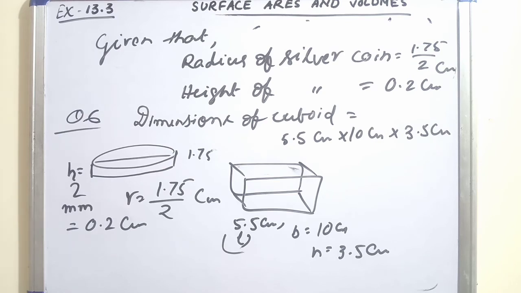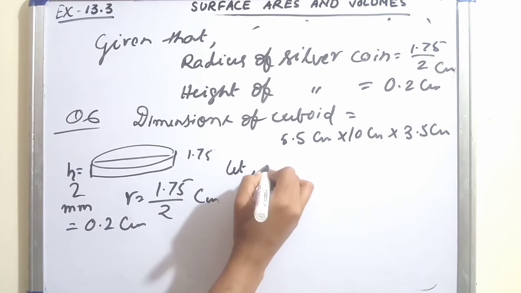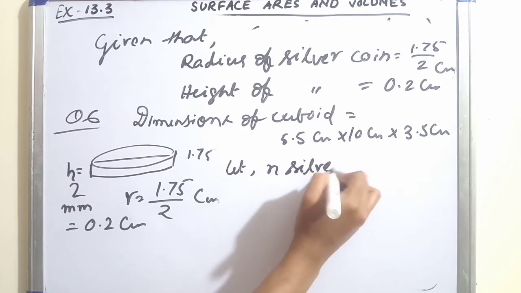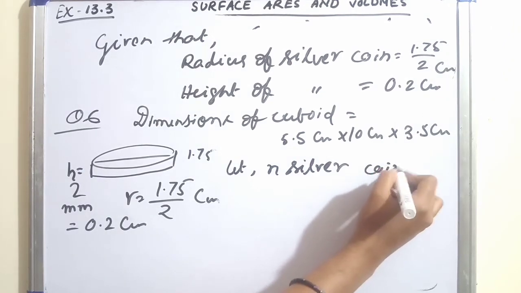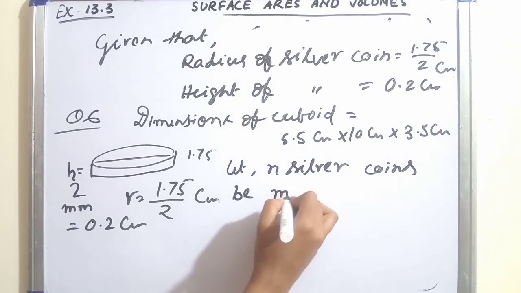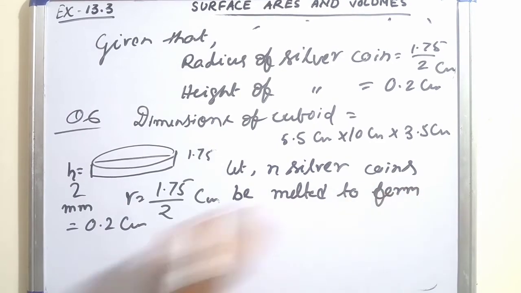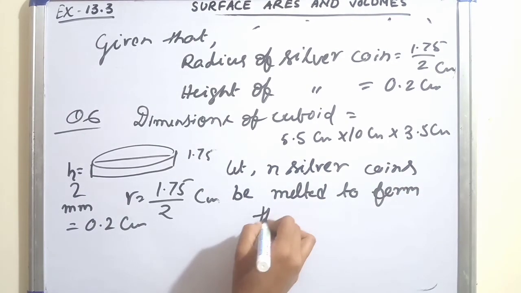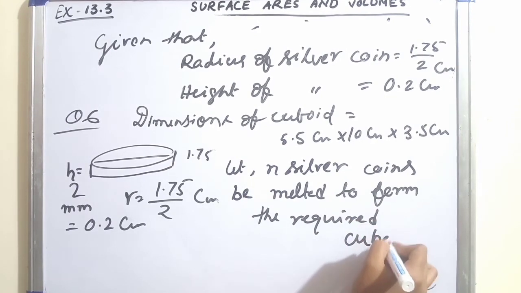Let n silver coins be melted to form the required cuboid.